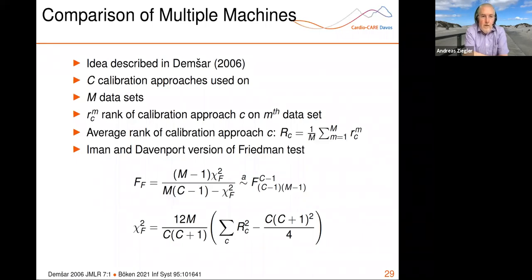In fact, it was the Iman and Davenport version of the Friedman test, and the test statistic is given just for the sake of illustration here on this slide. And if you want to see a nice illustration, just go back to the Demšar paper. It provides you with all the necessary details.